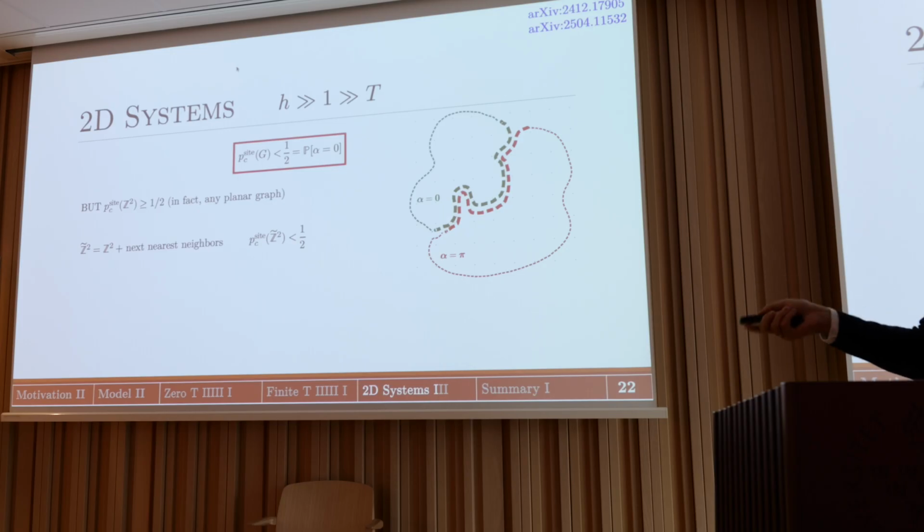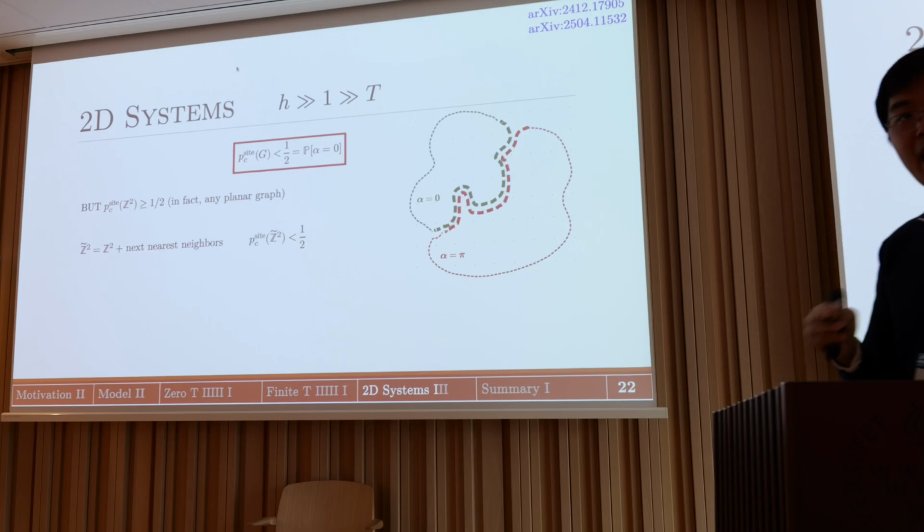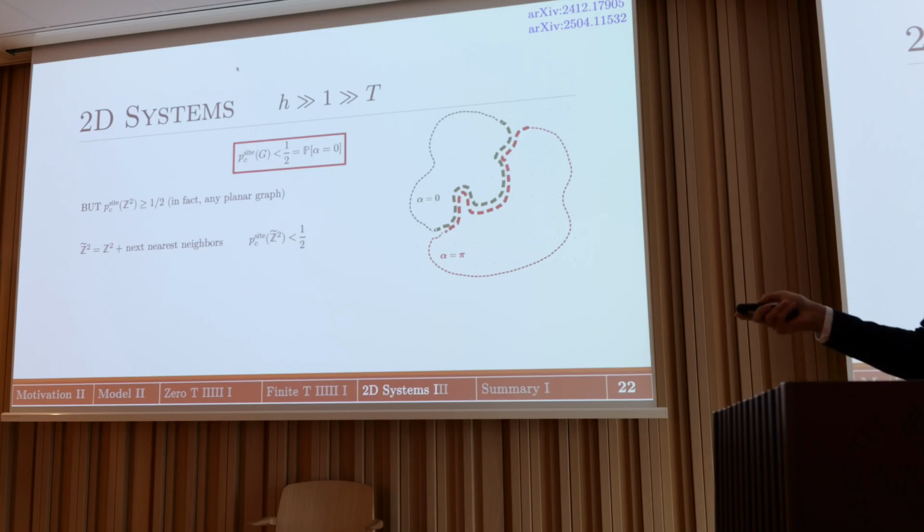Well, that's only if we have planar graphs in the mathematical sense. If we have non-planar graphs, that is not true anymore. So for example, a non-planar graph would be the usual Z2, so its nearest neighbor couplings, plus next nearest couplings. That would make the graph non-planar, and so my inequality is satisfied.